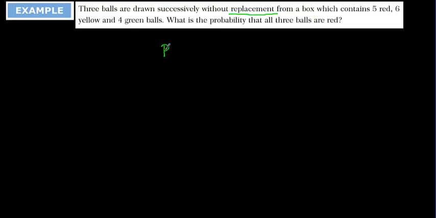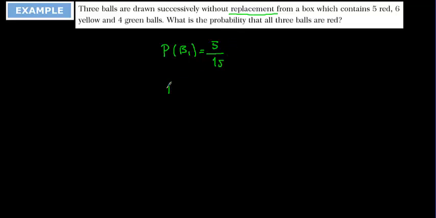So the probability of the first event, selecting the first ball, ball 1: we are looking for red, so it's equal to 5 over 15, since there are totally 5 plus 6 plus 4, 15 balls.